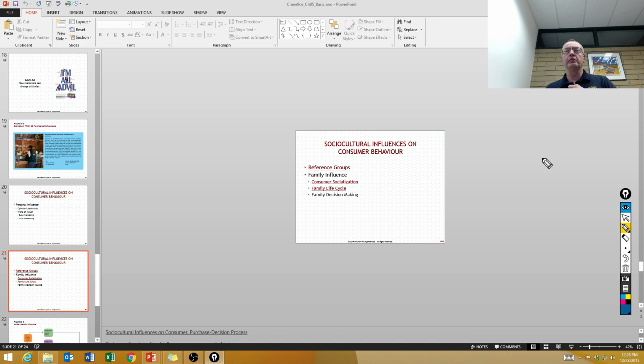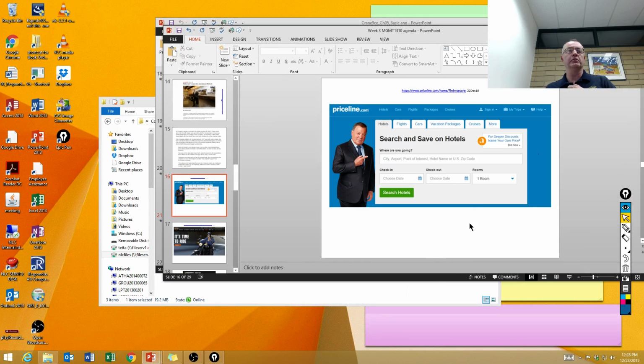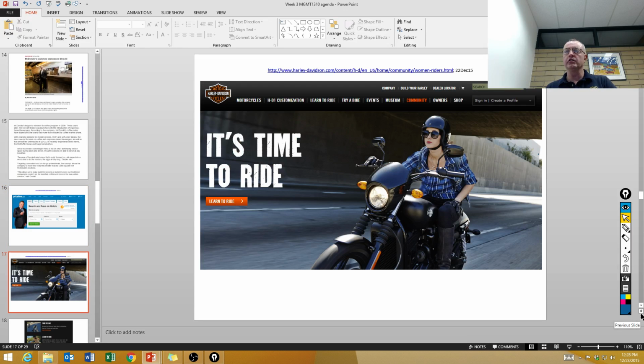And I have a brief example of this, of changing consumption patterns. Harley Davidson motorcycles have traditionally been purchased by men, and the male market has more or less been exhausted. So Harley Davidson is now focusing their marketing on women. So there's a woman. This is from the Harley Davidson website.